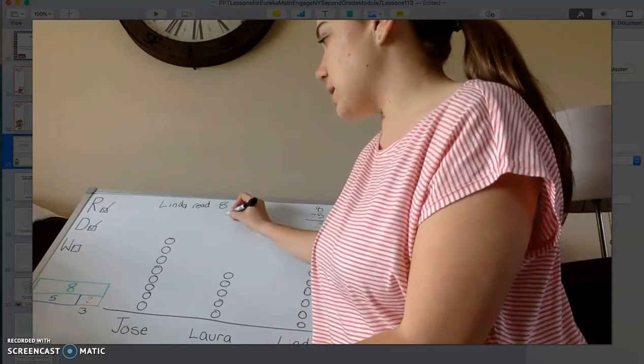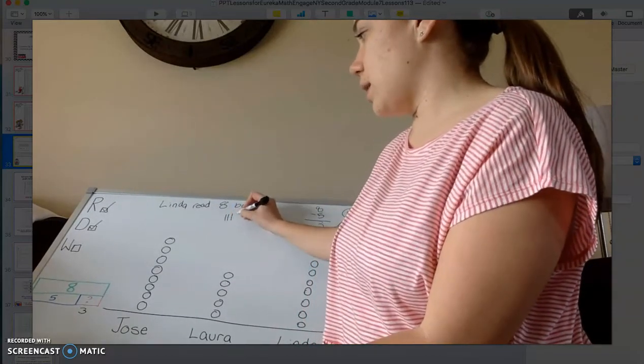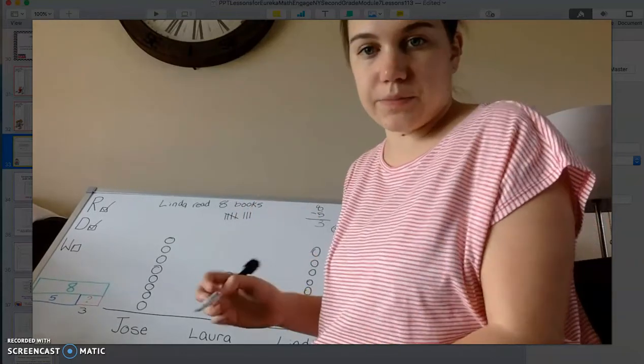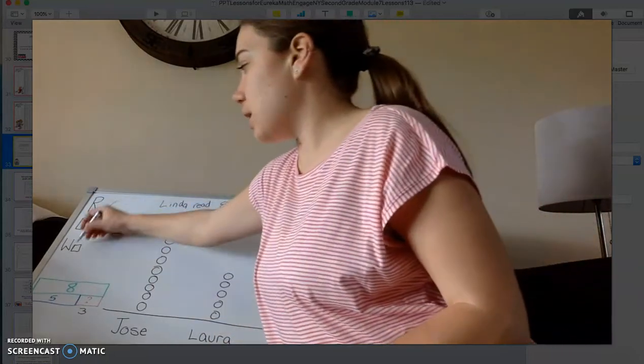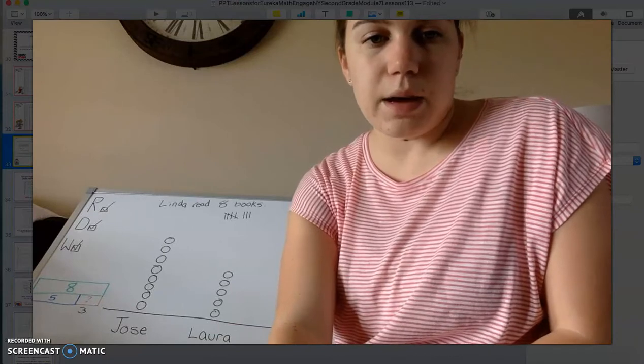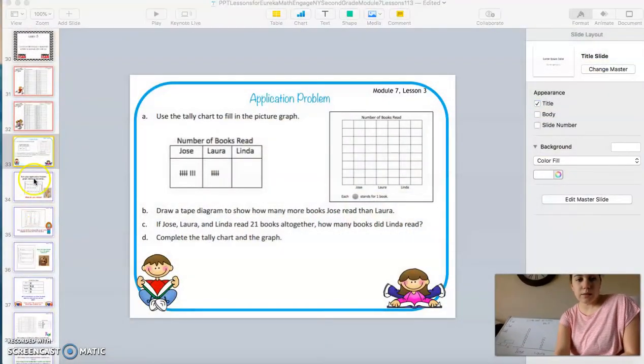And if we were going to show that in tallies, it'd be 1, 2, 3, 4, 5, 6, 7, 8. So we've read, drawn, and written our work. Nice job. Let me zoom out so we can move on.